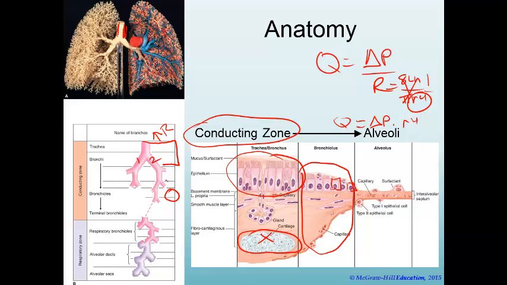When you lose those C-shaped cartilaginous rings, you've got now smooth muscle that can control the diameter of those bronchioles. And then once you get down further into the smaller terminal bronchioles, right, respiratory bronchioles, alveolar ducts, and alveoli make up your respiratory zone.